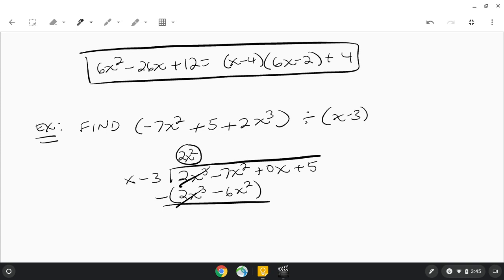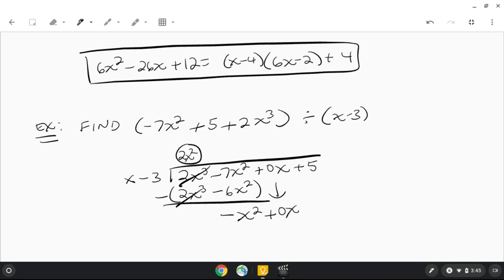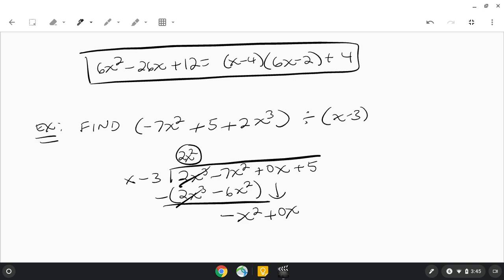Positive 6x squared minus 7x squared is negative x squared. Let's bring this down. Again, ignore the minus 3 portion and ask yourself, x times what will give you negative x squared?